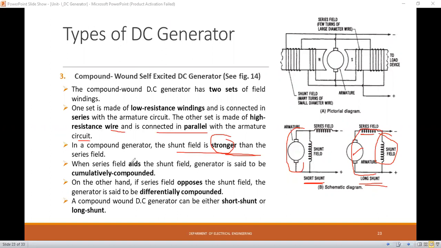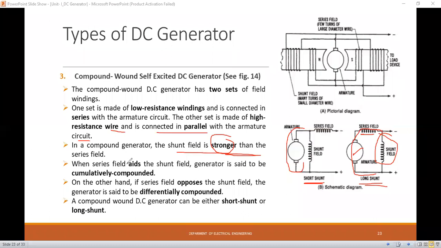And when the series field adds to the shunt field, then this type of generator is called a cumulatively compounded generator. And if the series field winding opposes the shunt field winding, then it is called a differentially compounded generator.